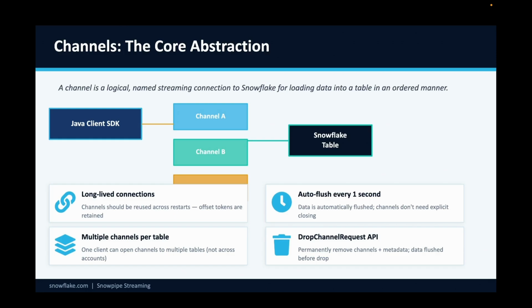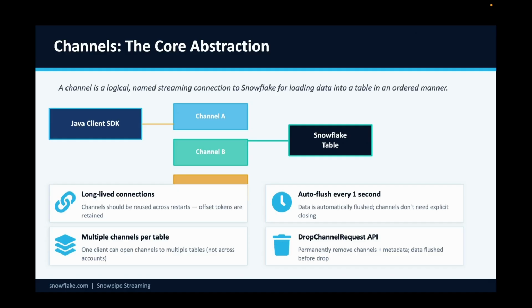For example, if you're reading from the Java SDK, it uses the channel. Through the channel, it moves the data into the Snowflake table. It establishes long-lived connections. Channels should be reused across restarts. Offset tokens are retained. Auto flush every 1 second.